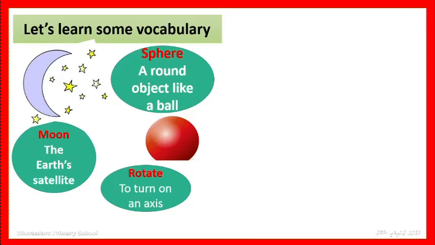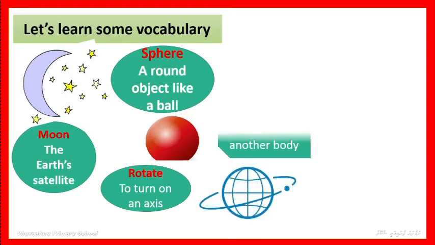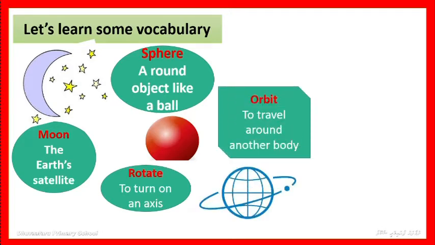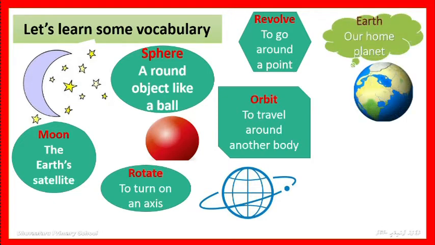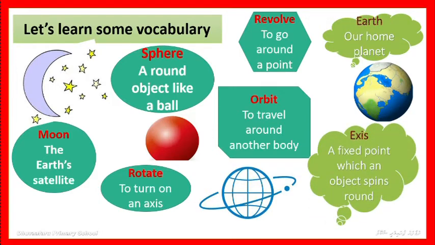Rotate, to turn on an axis. Orbit, to travel around another body. Revolve, to go around a point. Earth, our whole planet. Axis, a fixed point which an object spins round.